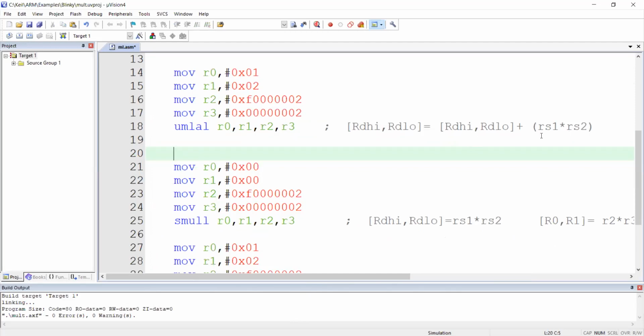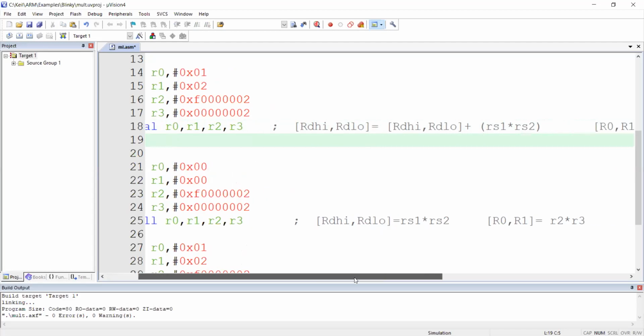Okay, see here, we want to perform multiplication of two numbers and want to store the result in something. That something has already some value. Because of the MLA effect, those values should also be added. So what will be the effect?